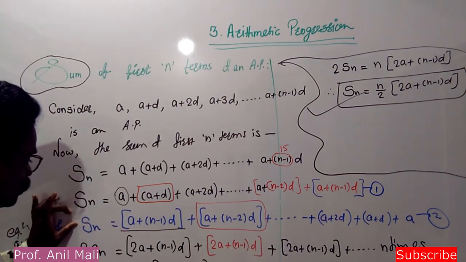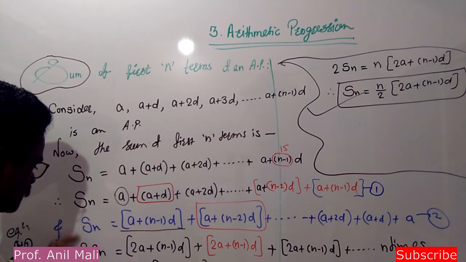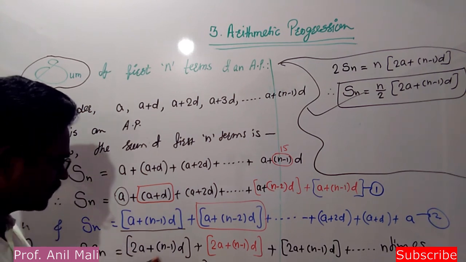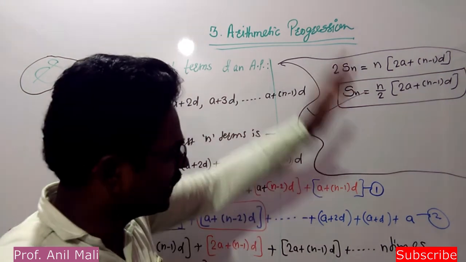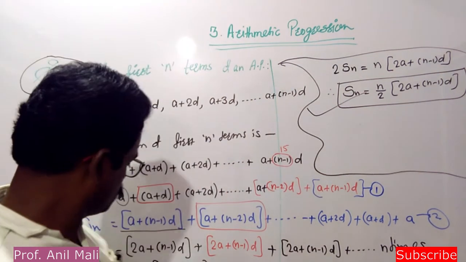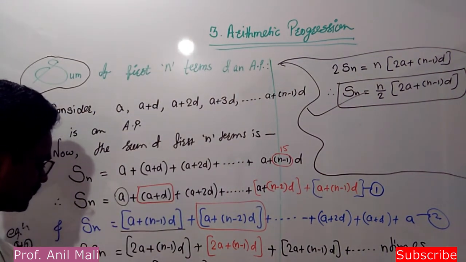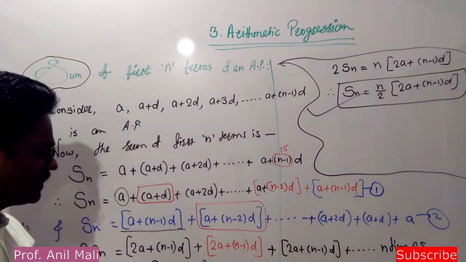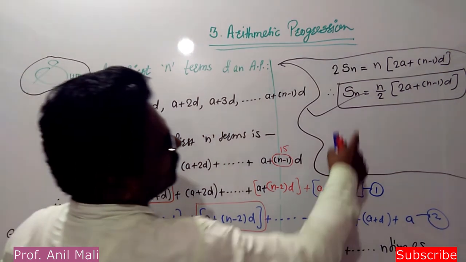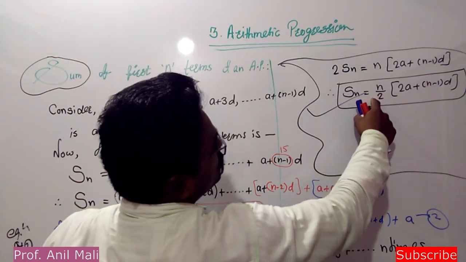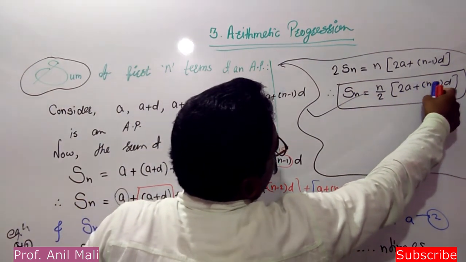You added both of them, so you get here Sn plus Sn, 2Sn, 2a plus (n minus 1) into d, 2a plus (n minus 1) into d, and so on up to n times. Therefore, 2Sn is equal to n into (2a plus (n minus 1) into d) we got here. And the same formula is nothing but Sn is equal to n by 2 into the bracket 2a plus (n minus 1) into d.